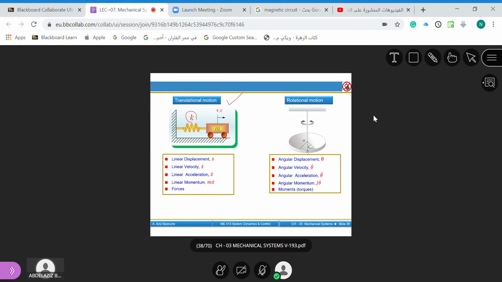For rotational motion, we have this type of displacement, angular displacement. It's coming now from the other side. Let me just pick up the right one. Try to pick up the right one here, guys.